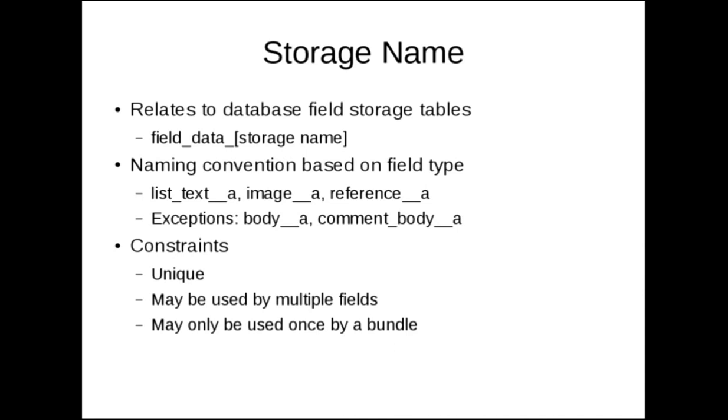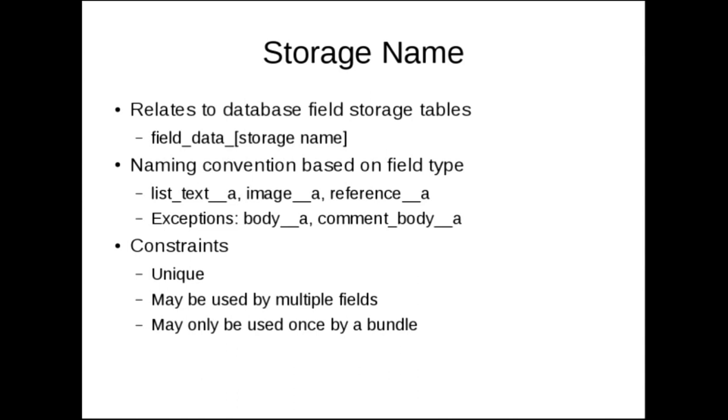The exceptions we left in were body and comment body because they're defined by core, and you'd probably mess up a lot of things. So we leave them, instead of calling this what would be called long text with summary or something like that, we left it as body. So we go with that. The thing with this is, just like the field names had to be unique, right?